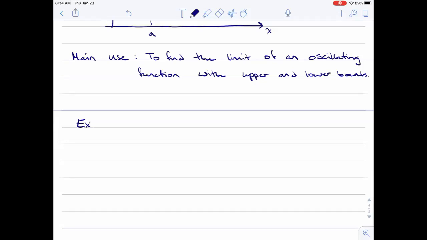For example, the limit as x goes to 0 of x squared sine 1 over x.